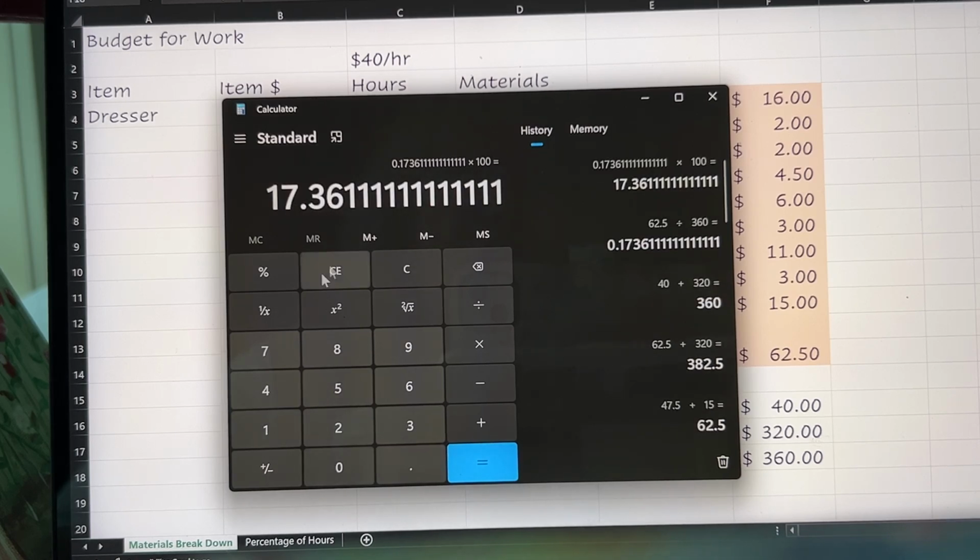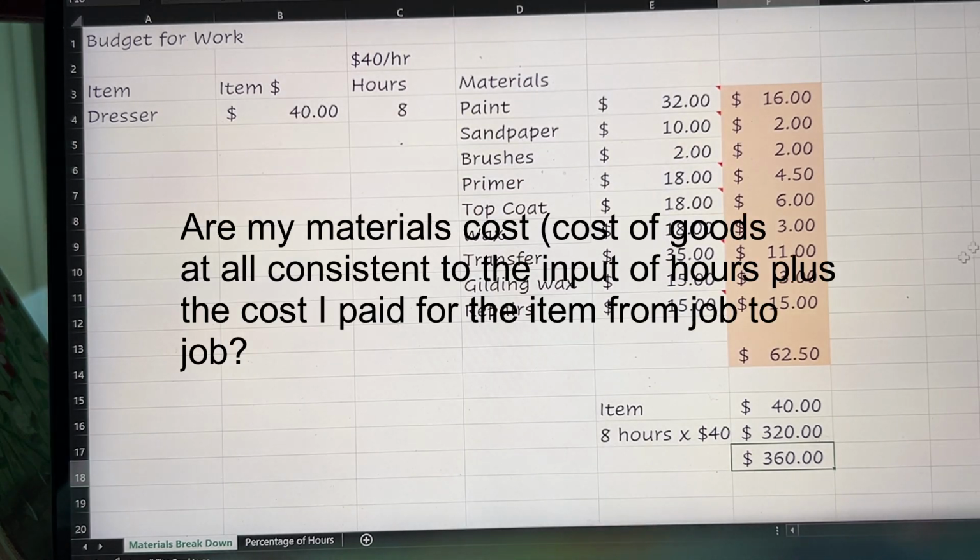That is a little over 17%. So this one doesn't work out to exactly 15%, but you kind of get the idea.